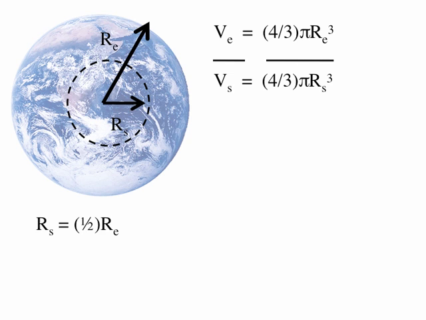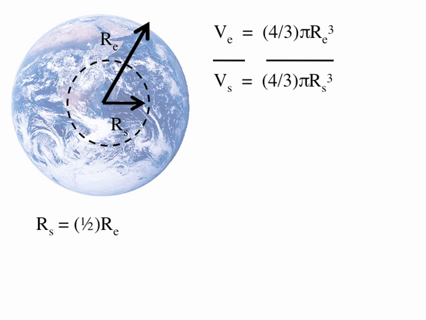The volume of the Earth, if we think about it as a sphere, would be 4/3 pi r cubed, not squared, I'm sorry. So the volume of the Earth is 4/3 pi radius of the Earth cubed, and the volume of the shell would be 4/3 pi radius of the shell cubed.